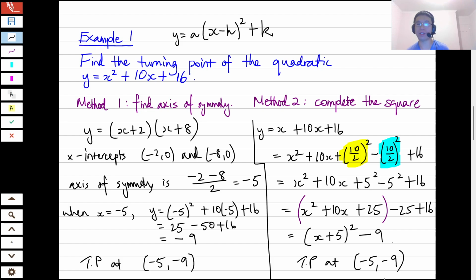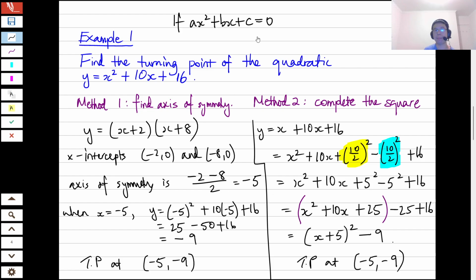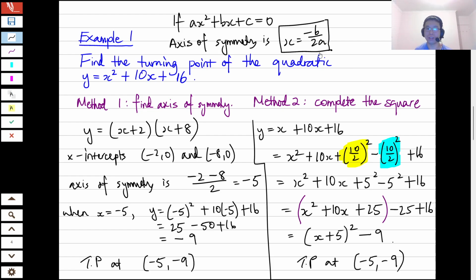One other thing I want to say is if ax squared plus bx plus c equals 0, the axis of symmetry is x equals -b on 2a. You can just use that as a result.